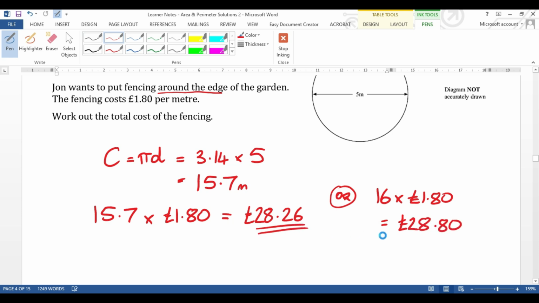They would accept either answer because they know some people might use the 15.7, some people might round it to the 16, because in real life you can't buy 0.7 of a fencing. So yeah, it does make sense why some people would use 16 instead. Yep, so that's 2 possible answers for that question.